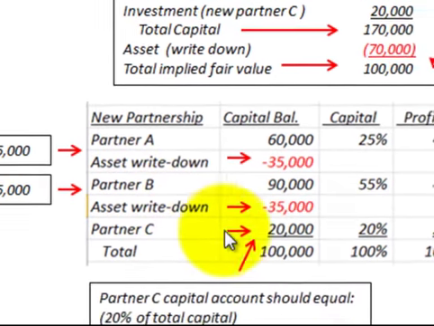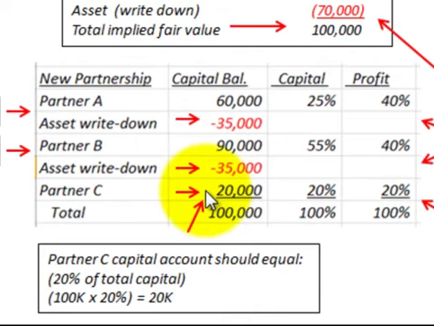And then for partner C, they would receive a $20,000 capital balance, and that was based on the fact that partner C's capital account should be equal to 20% of the total capital for the new partnership. So the total capital was to be $100,000. Taking 100,000 times 20% gives us the $20,000 that partner C would receive.